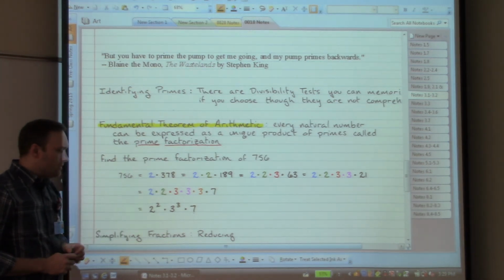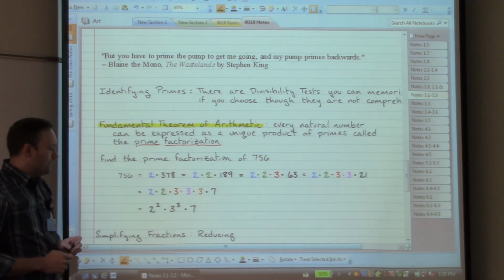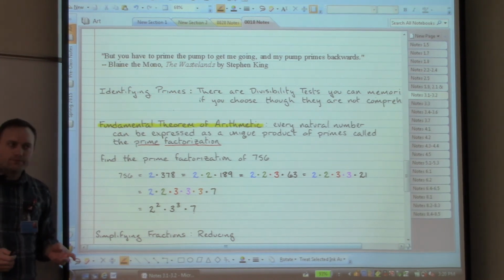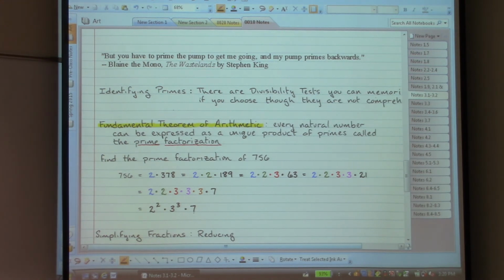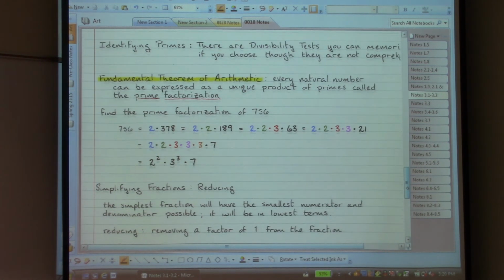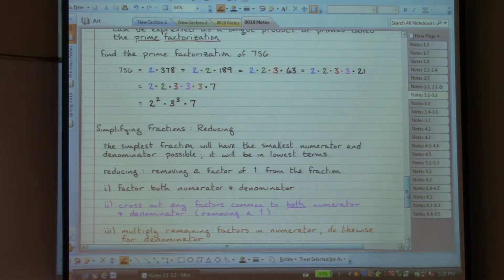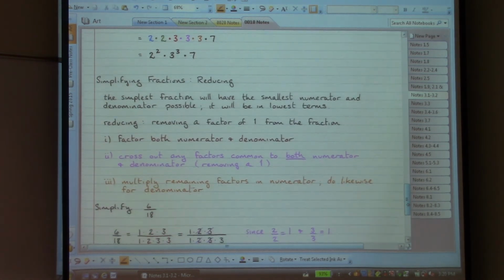Let's see if we can use that idea in a useful way with our fractions. We would be hoping that it would help us give the simplest possible fraction as a final answer. We can say simplifying as a generic way of talking about what we're doing. We could say reducing to be a little bit more specific.